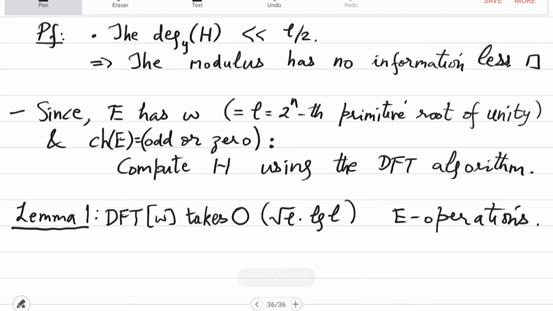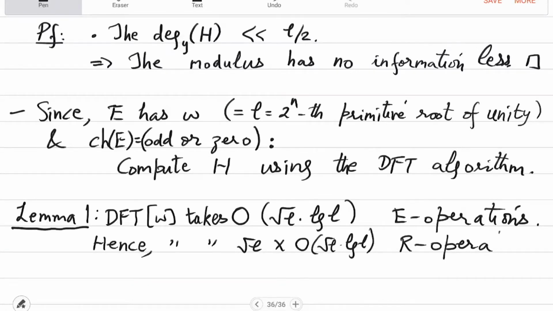So what are the E operations in that algorithm? The claim is that those operations only take square root L more. Do you agree with this? So it's actually just L log L R operations, only talking about DFT omega.